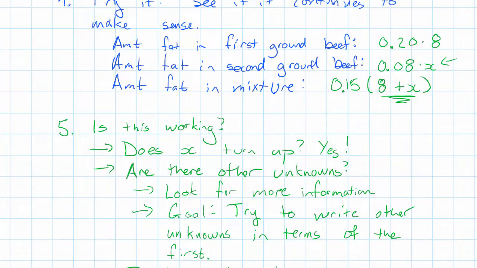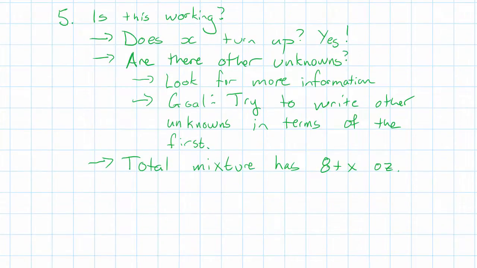Okay, and now these are amounts of fat. If I add together the amount of fat from the first ground beef and the amount from the second ground beef, I should certainly get the amount in the mixture.